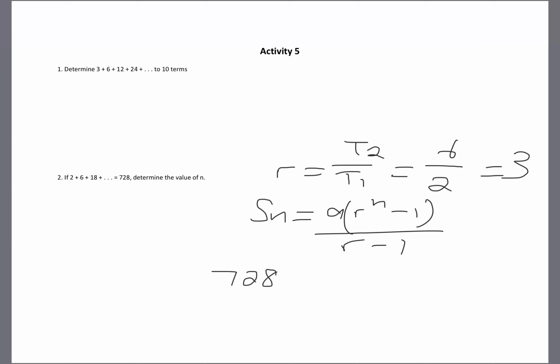Which is equal to, what's my A? It's 2. My R is 3. 3 to the power of n minus 1 over 3 minus 1. And then we solve for n, right? So I'm going to say 3 minus 1 is 2. And then 728 multiplied by 2.